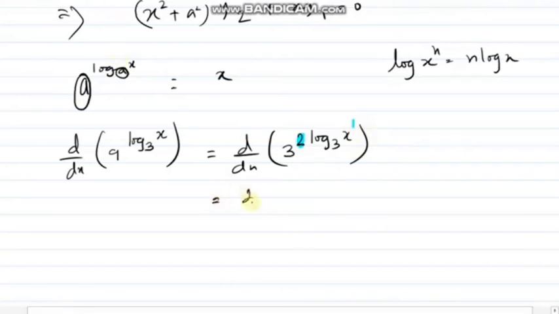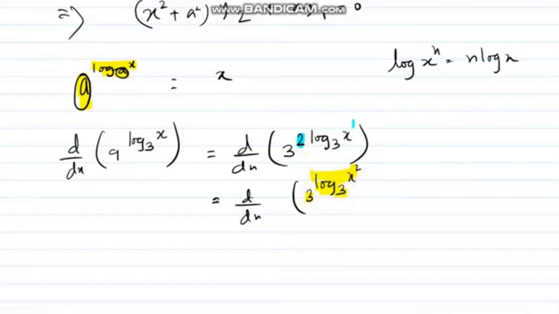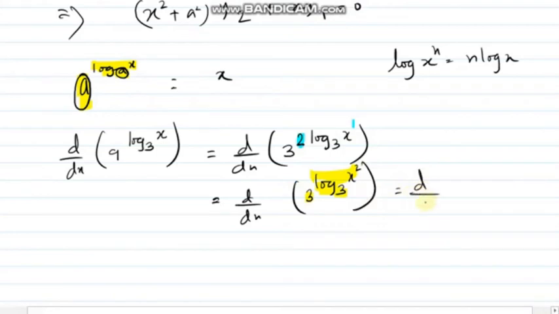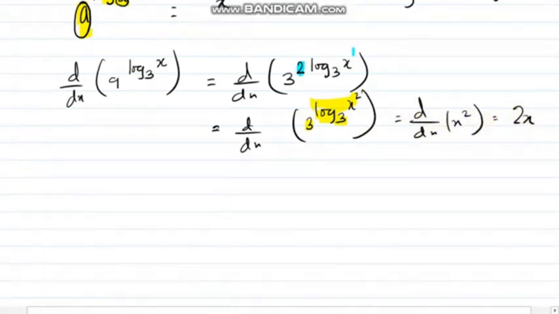So it will become d/dx of 3 to the power log x square to the base 3. Now check. Can you relate the formula? a to the power log x to the base a, 3 to the power log x square to the base 3, right? So we can write it as d/dx of x square only, which will be equal to 2x, right?